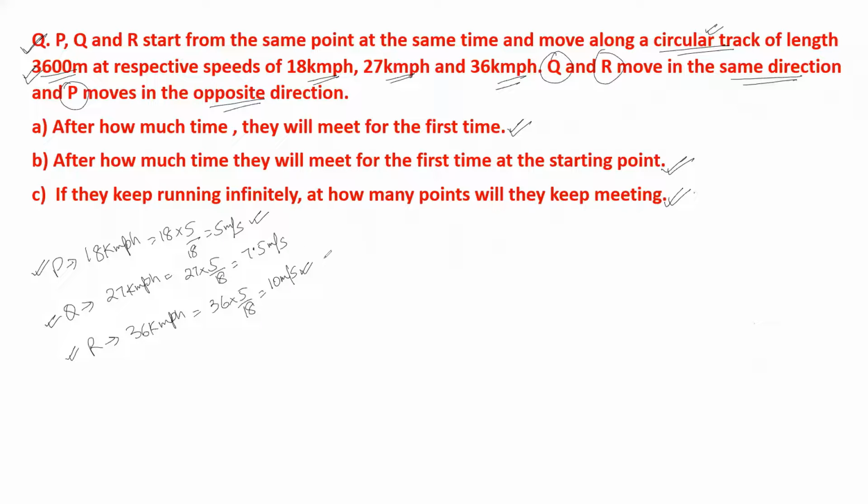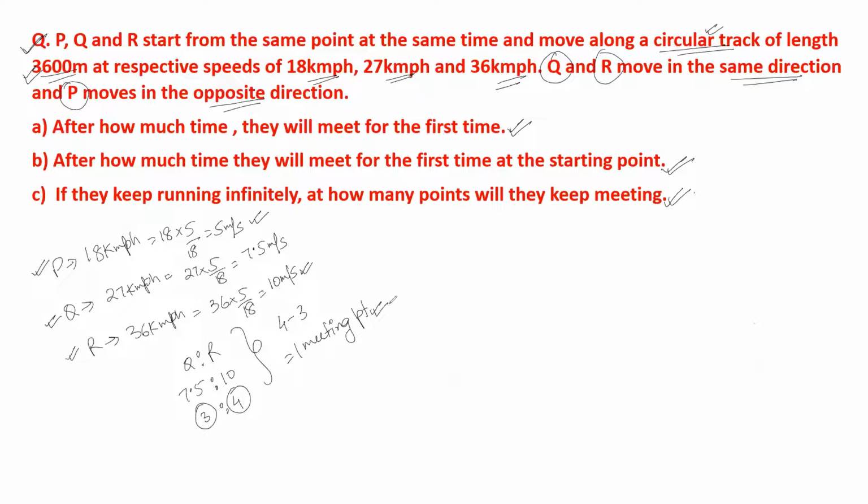Also, Q and R move in the same direction and P moves in the opposite direction. So if we take the ratio of the speeds of Q and R, this would be 7.5:10, which would be 3:4. So that means Q and R would have 4 minus 3, that is 1 meeting point, and this meeting point has to be the starting point.